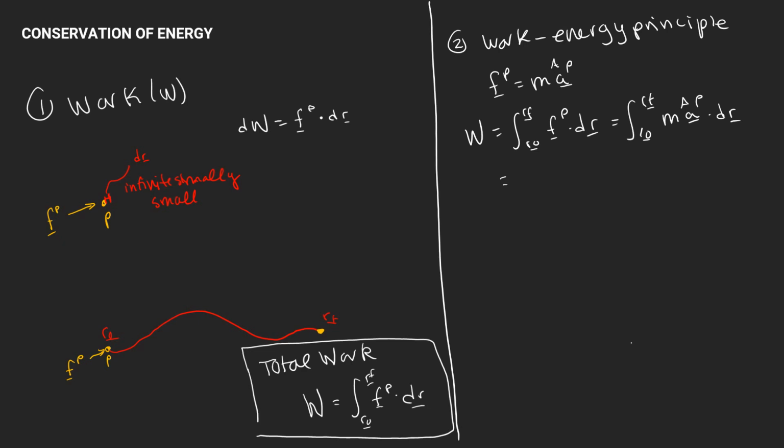So we can set our acceleration equal to the time derivative of velocity. So we get m dv over dt, again still times our dr. And then we can actually take this dt on the bottom here, and we can move that over.